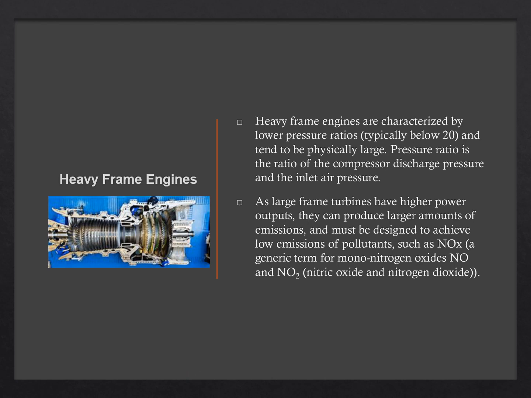So what is that ratio? I'm going to draw this for you right here. The ratio is the compressor discharge pressure, so we have a discharge pressure, over the inlet air pressure, IAP. Discharge is where I let that compressed air go, and the other is taking in, the inlet air pressure coming in.